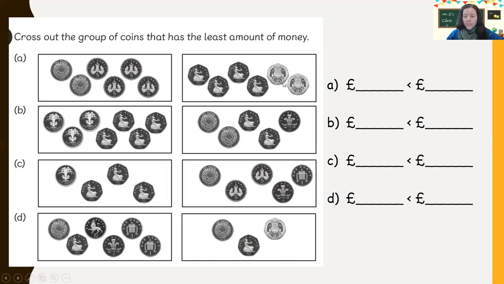We've got two 20s. 2 add 2 is 4, so 20 add 20 is 40. So that's £2.40. And this one was £4.20. So which one's smaller? You said £2.40. Well done. That is less than £4.20.